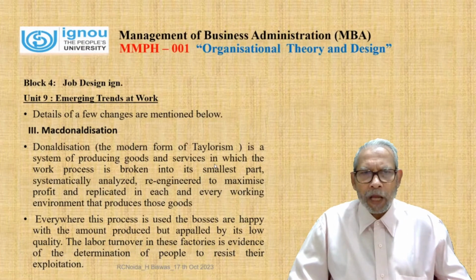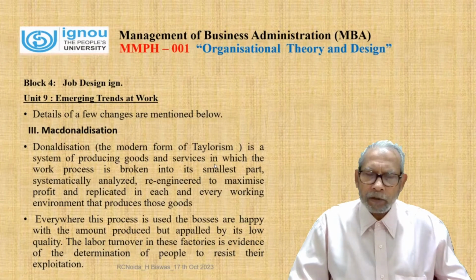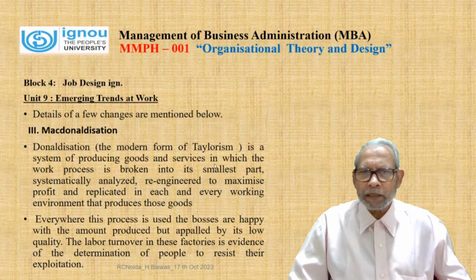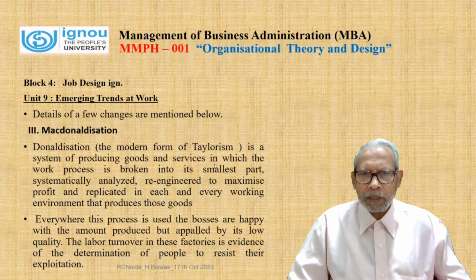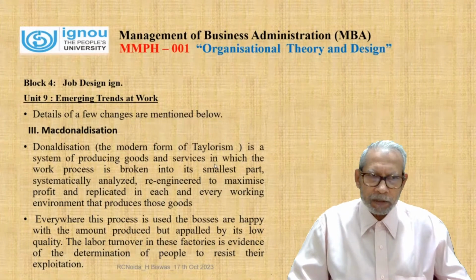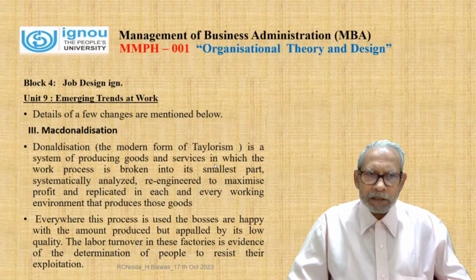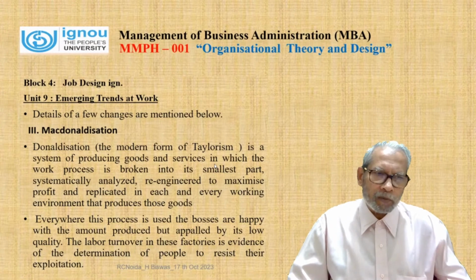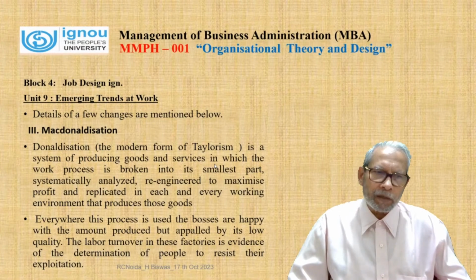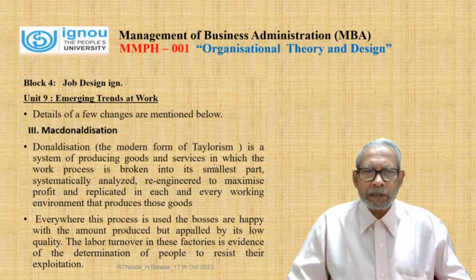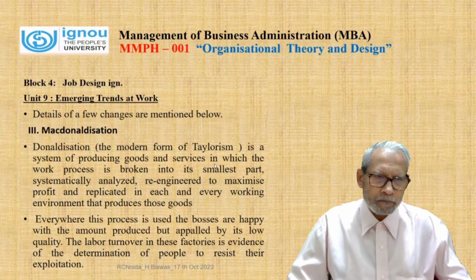McDonaldization, the modern type of terrorism, is a system of producing goods and services in which the work process is broken into the smallest parts, systematically analyzed, and re-engineered to maximize profit and replicated in each and every working environment that produces those goods.